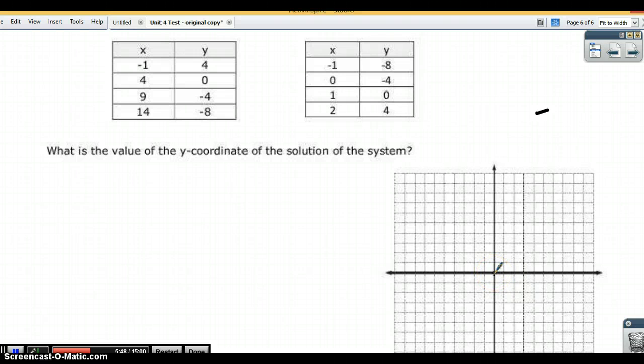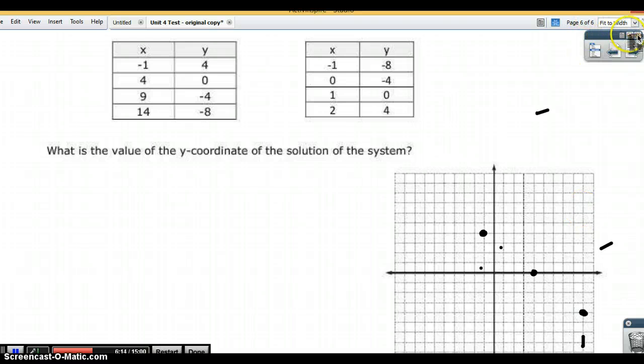So negative 1, 4, 4, 0, and then 9, negative 4.